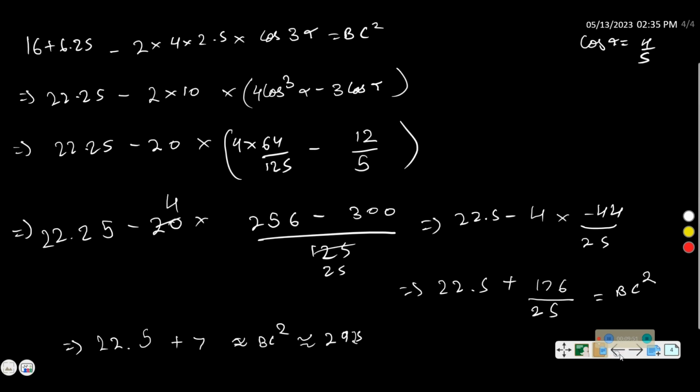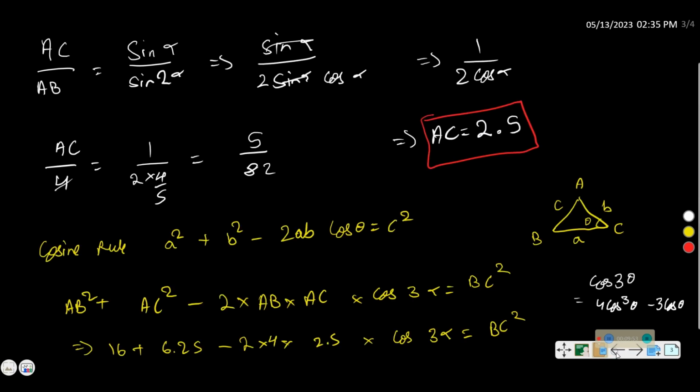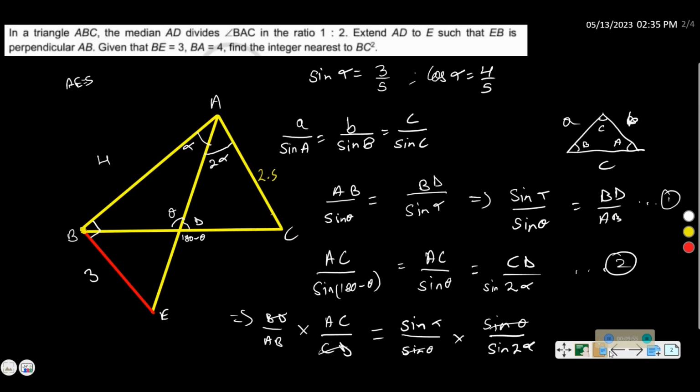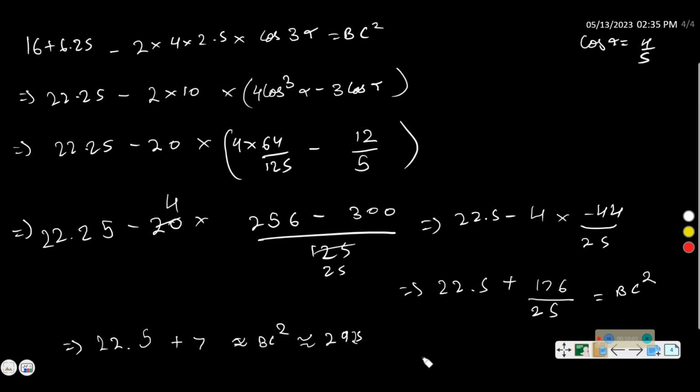As in the question, it was asked to find the nearest integer to BC square. So doing it, we get the nearest integer as 29, and this is the correct answer of a 10 marker of IOQM 2022. Really good question. Thank you from my side. Bye bye.